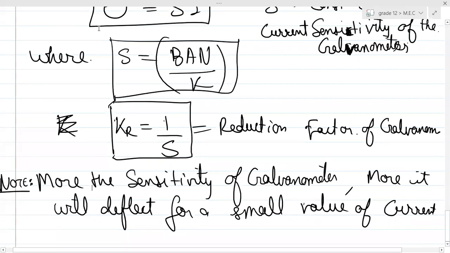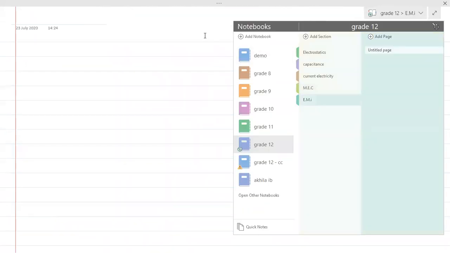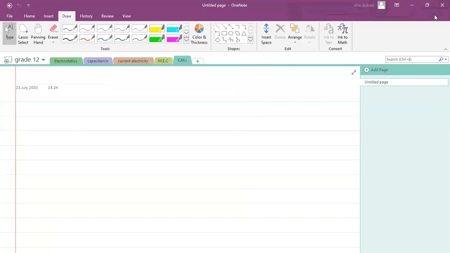Let's start with a new chapter called electromagnetic induction. So first of all, everyone, are you aware of what exactly electromagnetic induction is?